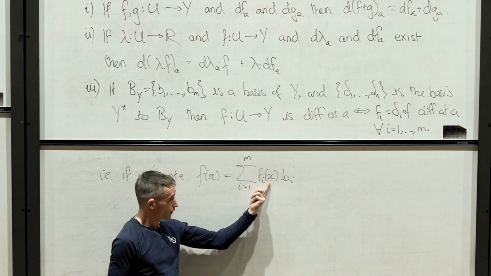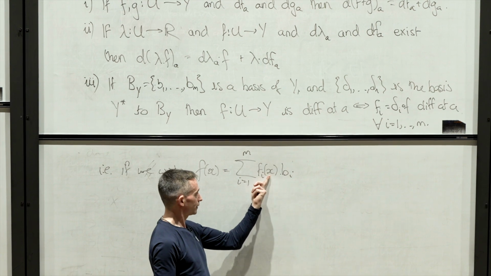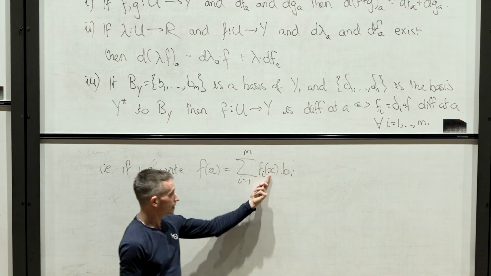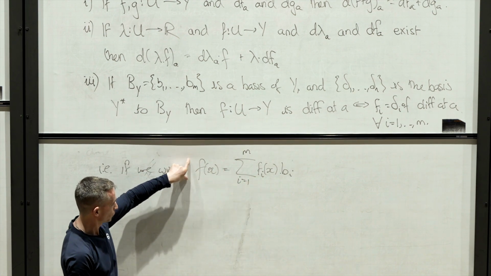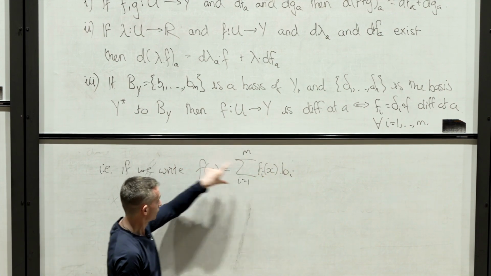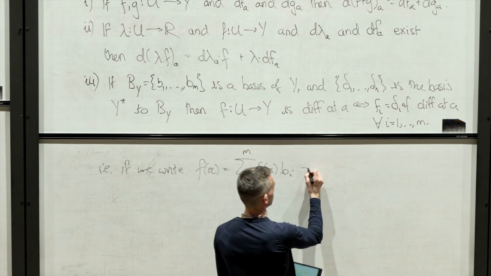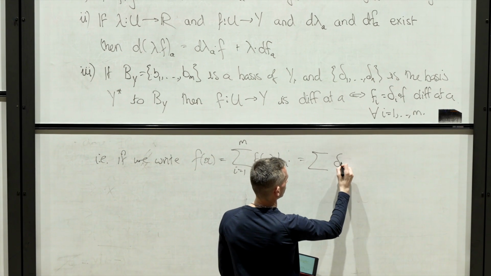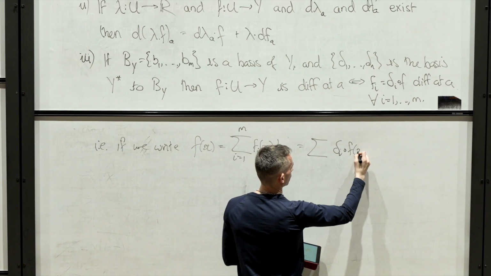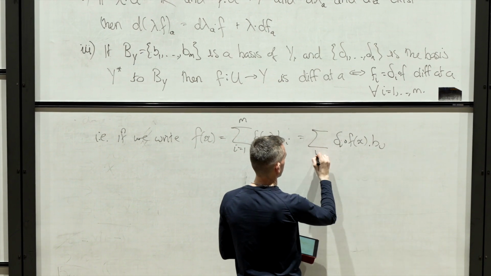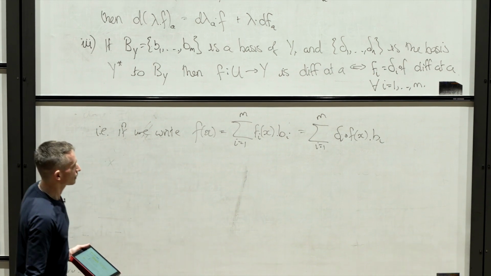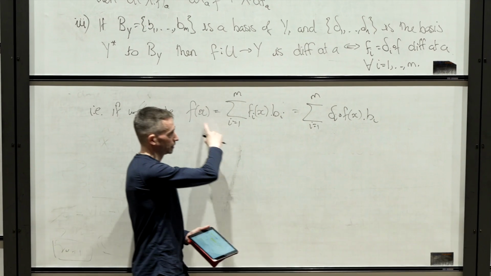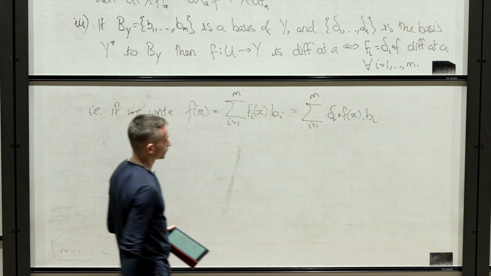Call the coefficients that you get, these are scalar valued functions, f_i of x. Equivalently, f_i of x is just apply the dual basis vector delta i to f. And the statement is that f is differentiable precisely when its component functions are differentiable.